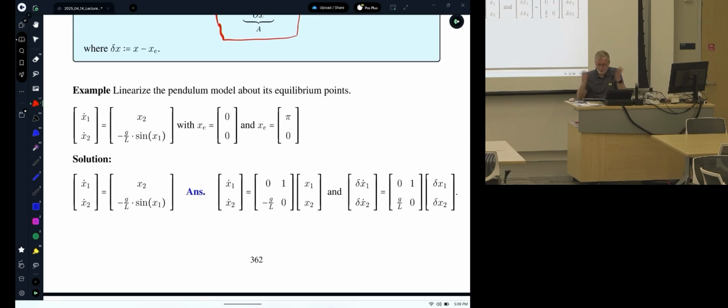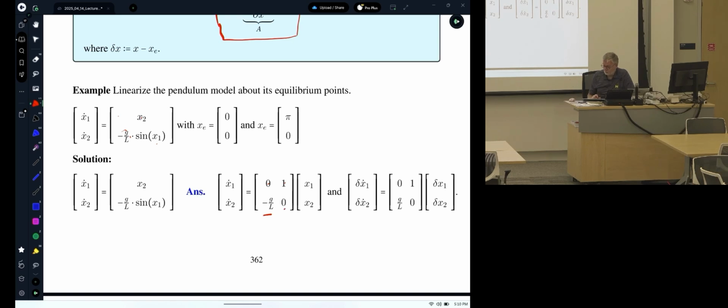And so the pendulum, it's super easy. Here's the first row in the Jacobian. We would take the derivative with respect to x1, that's 0. Derivative with respect to x2, that's 1. Then in the second row we take the derivative with respect to x1 and we get a cosine evaluated at, say, 0 for one of the equilibria, and then this is the coefficient that shows up. And then we take the partial derivative with respect to x2.